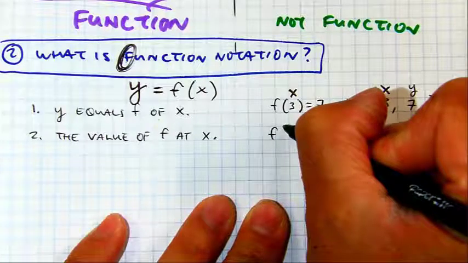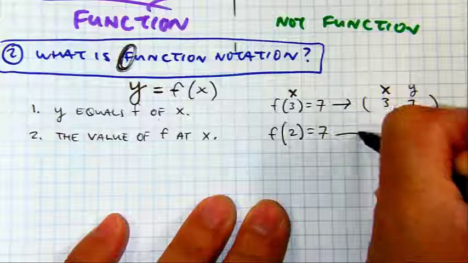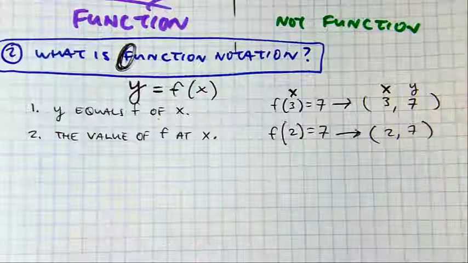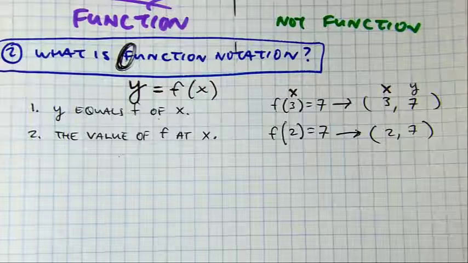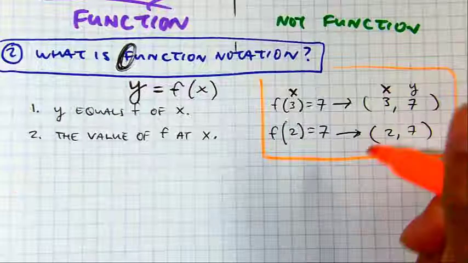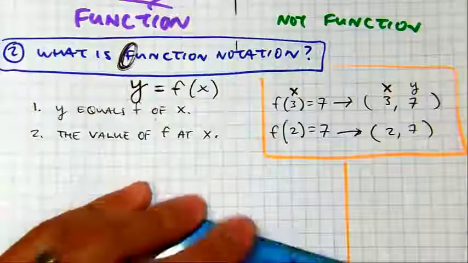F of 2 equals 7. What's the order pair? 2, 7. Okay. I'm going to give you guys another set of order pairs.